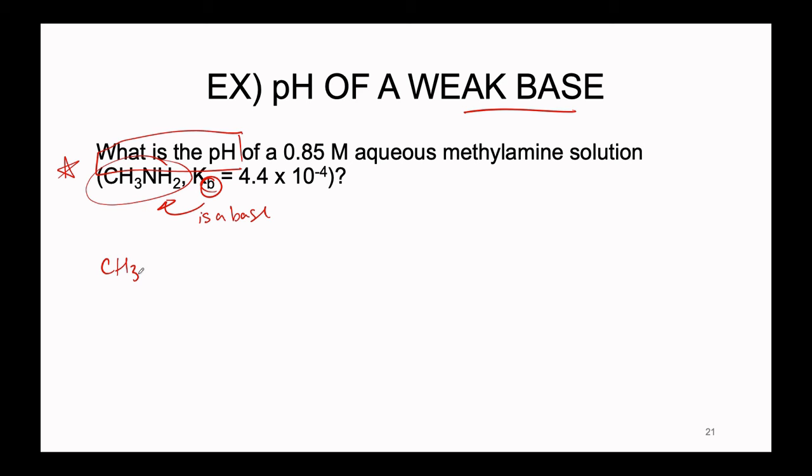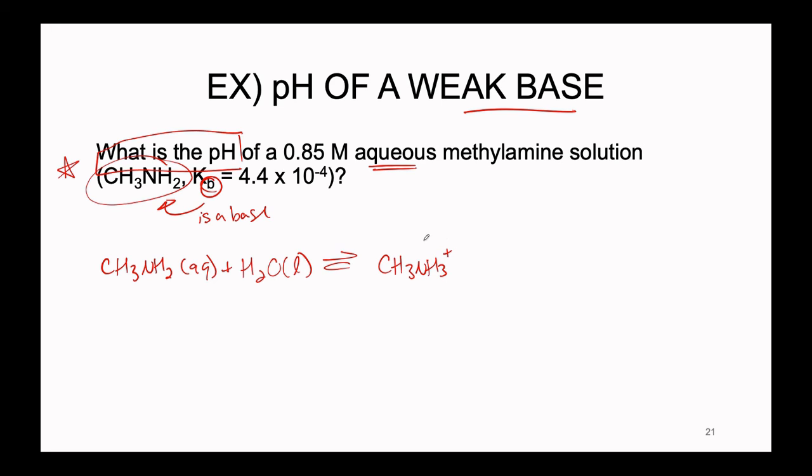The CH3NH2 aqueous, as it interacts with water, and we are told that we are working with an aqueous solution, so we know that water as a liquid is going to be present. These two things will react following the structure of the generic formula previously given, that one of these hydrogens is going to move to our base, giving us CH3NH3.